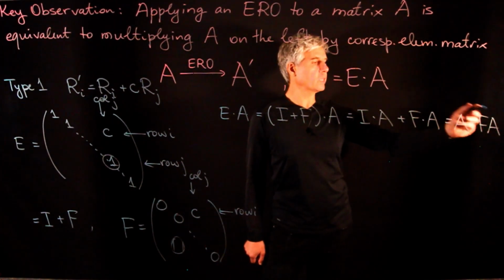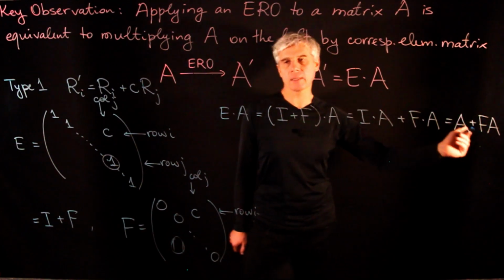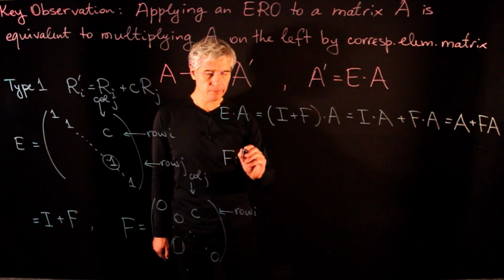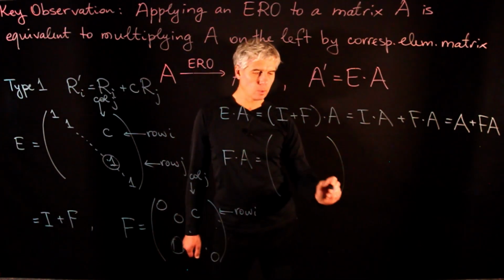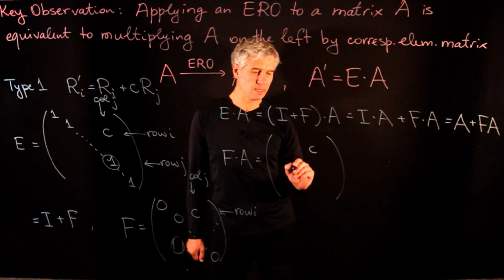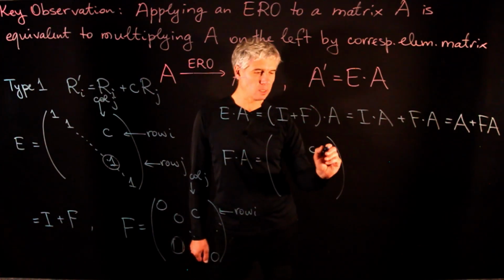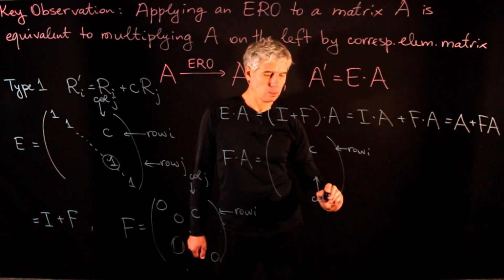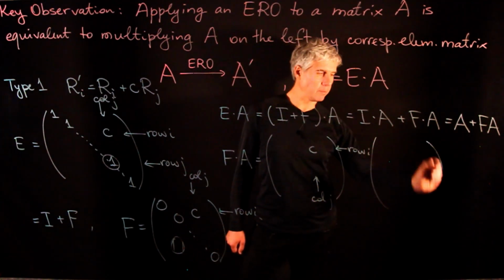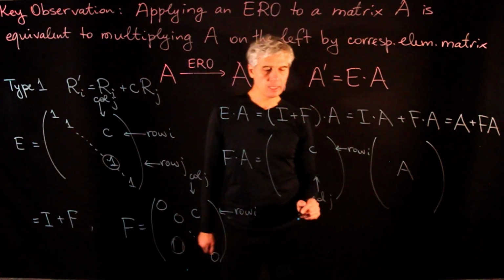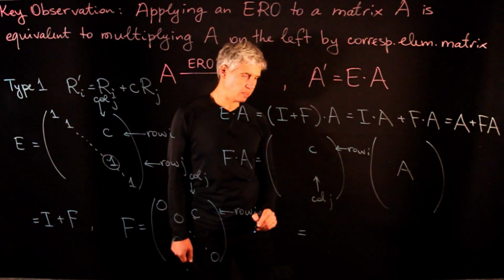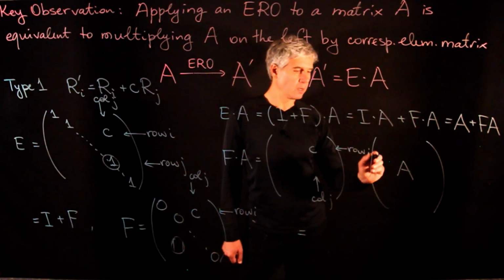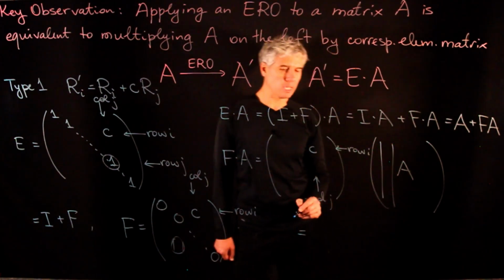So we can compute just the product F times A. So let's do this. We have F times A is the following product. Here we have a matrix where we have entry c in row i and column j, and we multiply this by matrix A. And again, what we see is that we multiply rows of the left factor with columns of the right factor.